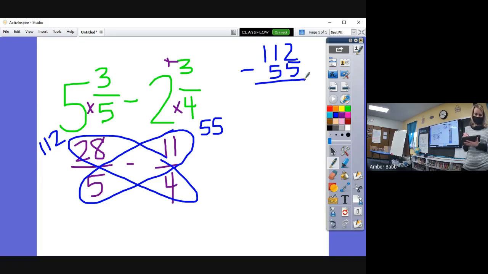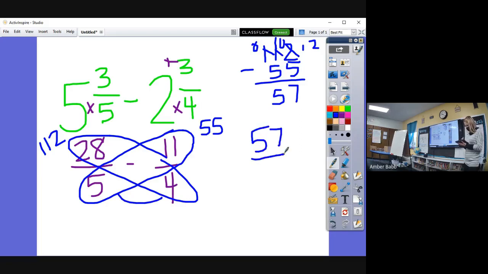When I did that, I got 57, okay? Which gave me 57 over, what's my denominator? 20. I multiply the 5 times the 4, okay? How many times does 20 go into 57?